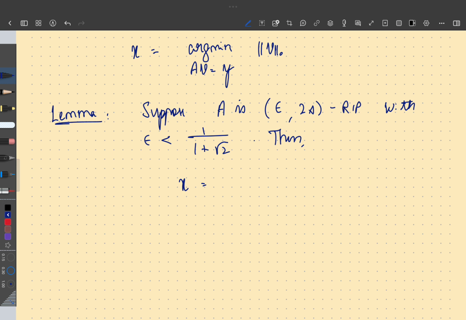Then, as it turns out, x is equal to arg min over all v such that A times v equals y of the L1 norm of v.